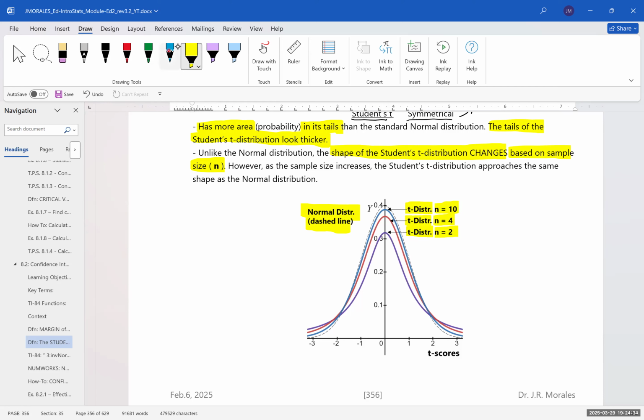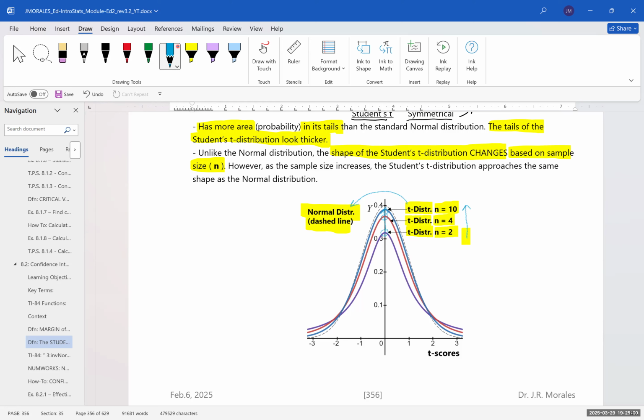So what you can see is that as the sample size goes up, as the sample size gets larger, the student's T distribution is approaching the shape of the normal distribution, right? You can see we're going from purple to red to blue. That's going up and it's approaching the dashed line.